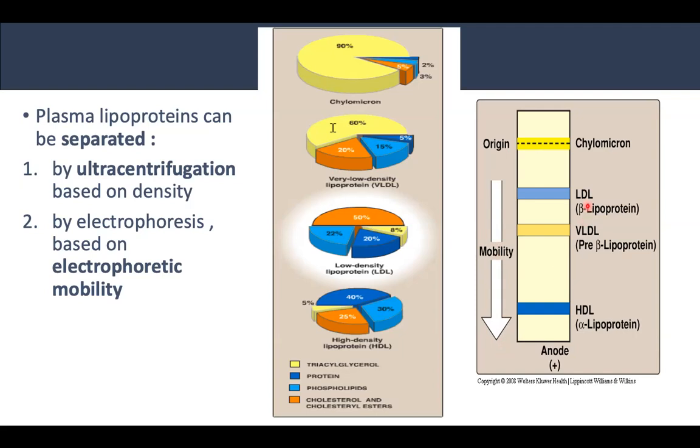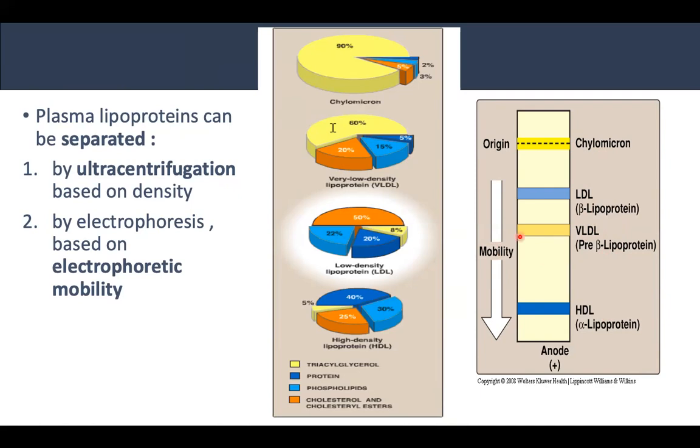However, did you guys notice that LDL and VLDL are switched when we talk about size? If I ordered this in terms of size, I would have said chylomicron, VLDL, LDL, and then I would have put HDL. And the reason for this is that for electrophoresis specifically, I can't use size alone. Exactly. It's because of the polarity.